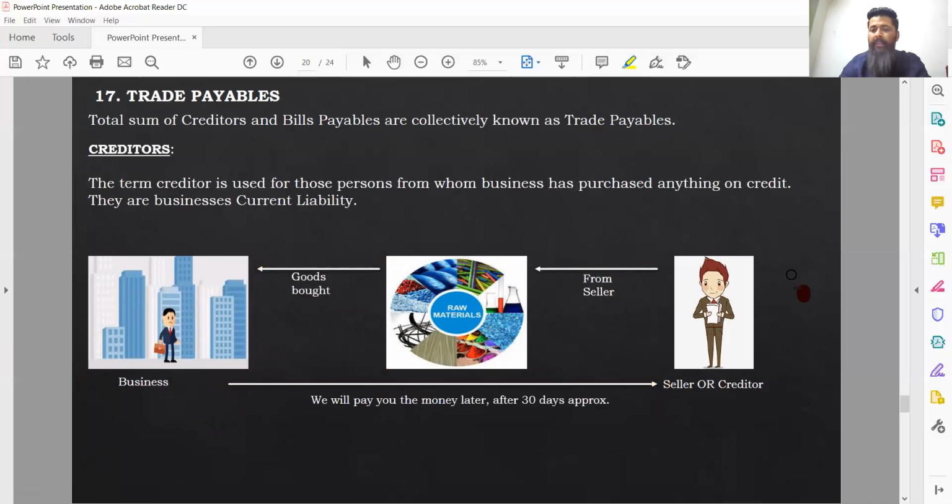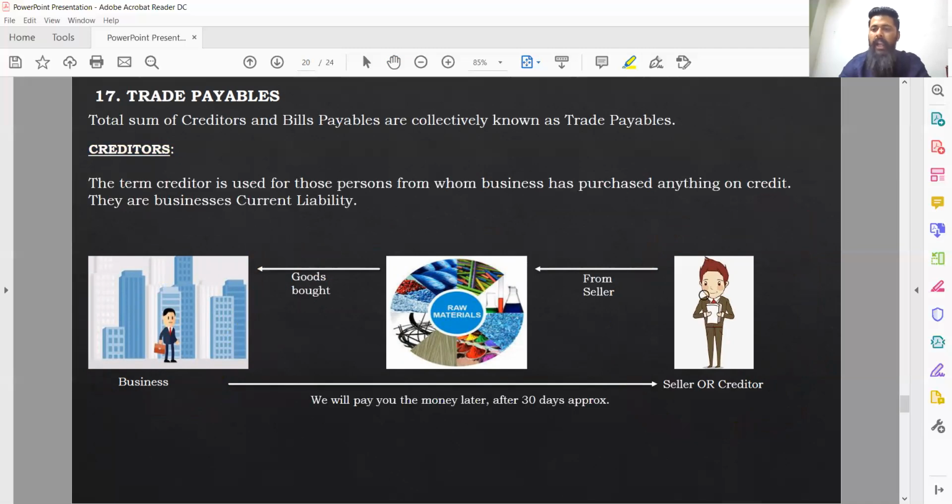If the seller or creditor is known to us, he would allow us a credit period without executing any legal document over us. So merely a credit sale from the seller and a credit purchase for us will result in a relation of creditor.